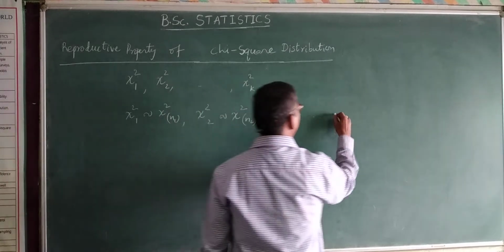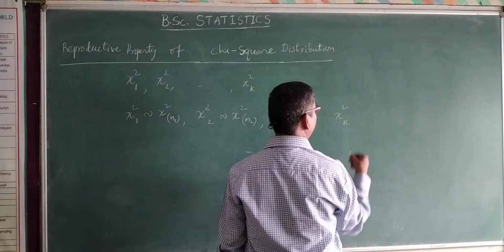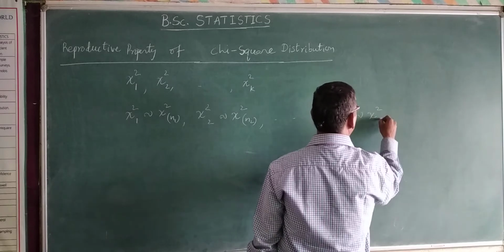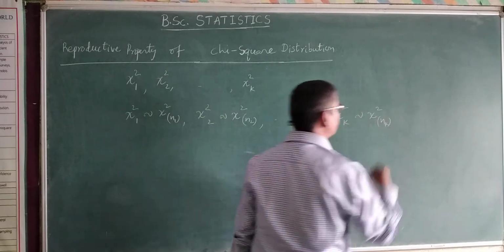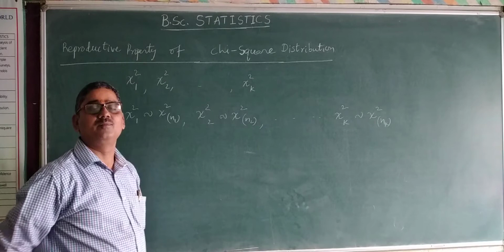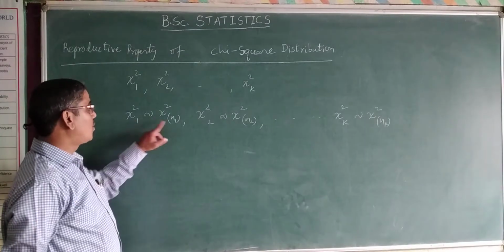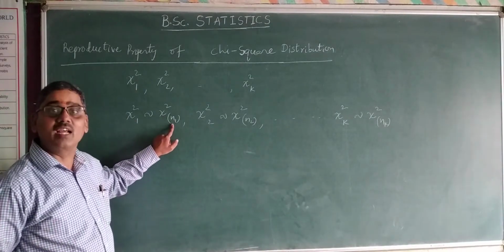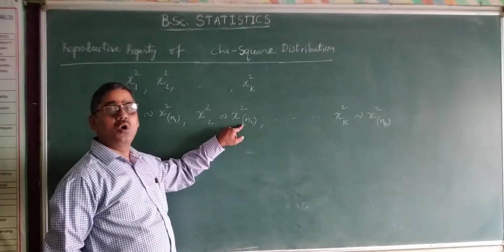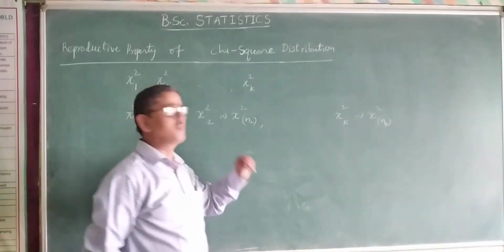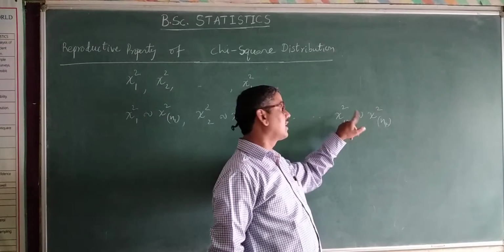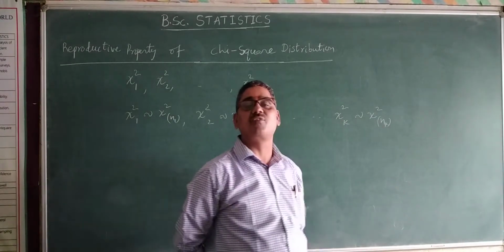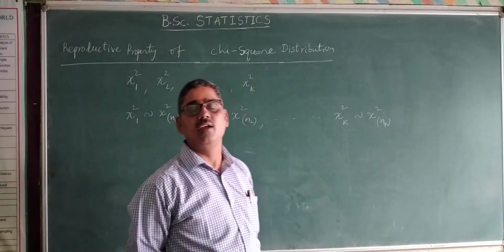Chi-square k follows a chi-square distribution with nk degrees of freedom respectively.